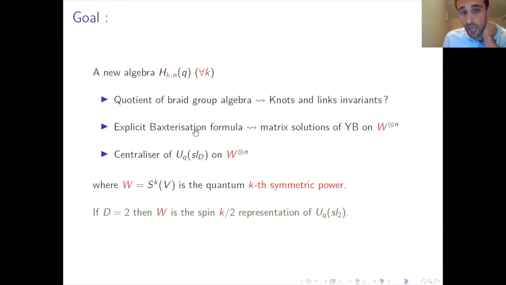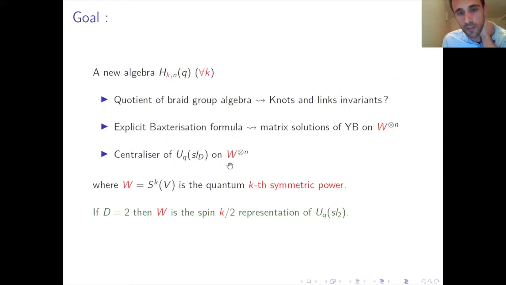We would like also to have a Baxterisation formula leading to matrix solutions of Yang-Baxter equations. So Baxterisation formula plus some representation theory. And it would be ideal if they also had something to do with centralizers of quantum groups. And this will turn out to be the case, of course.